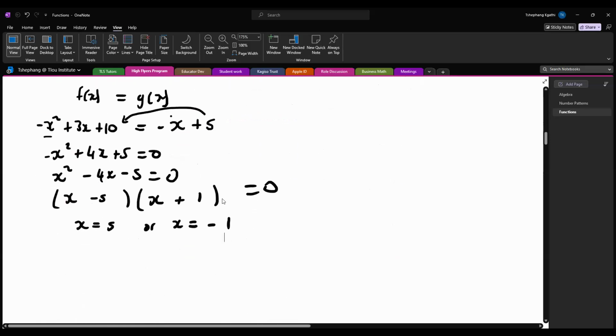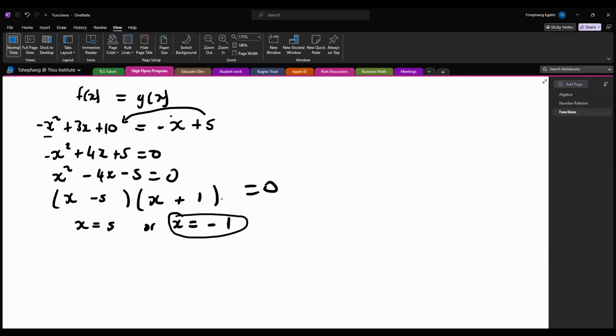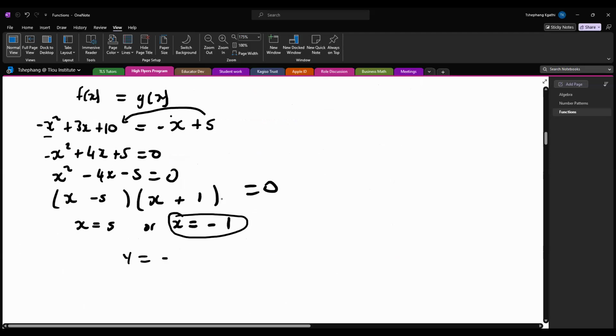So s is going to take this value here and not the 5. Now, I'm going to substitute this into the straight line. So y is equal to minus 1 plus 5, which means that y is 6. So s has coordinates minus 1 and 6.